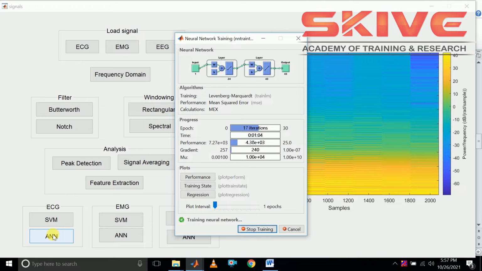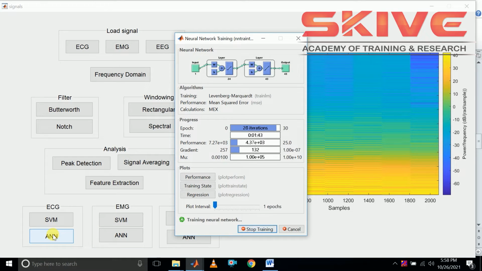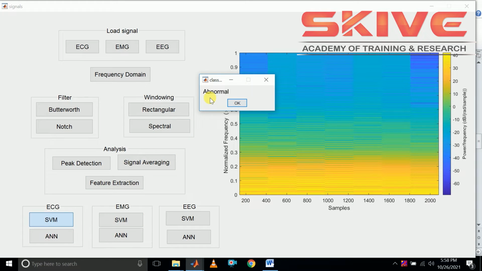The process is almost done. Yes, we are getting an abnormal state. So the patient was in an abnormal state of sleep apnea detection.